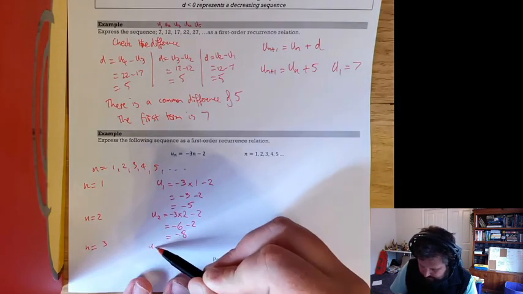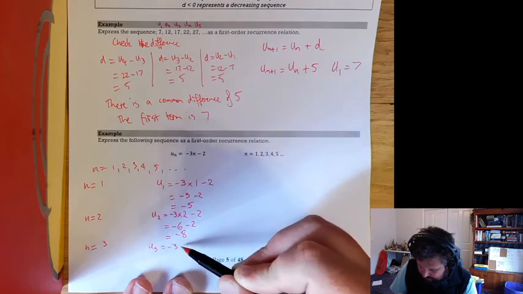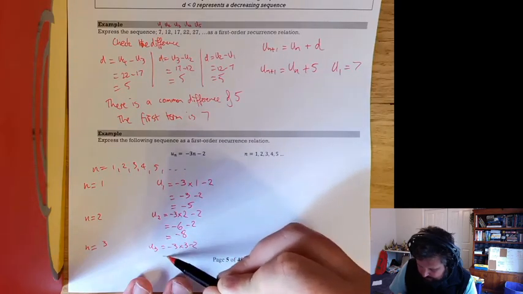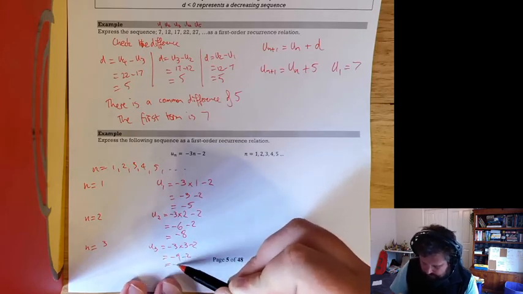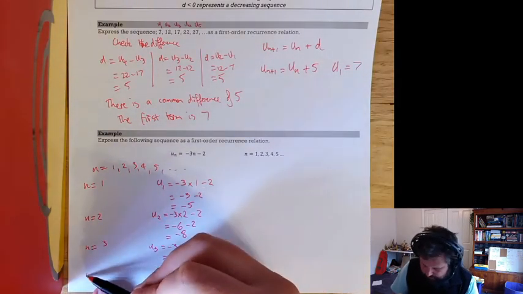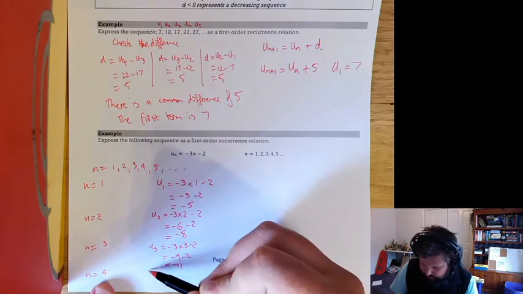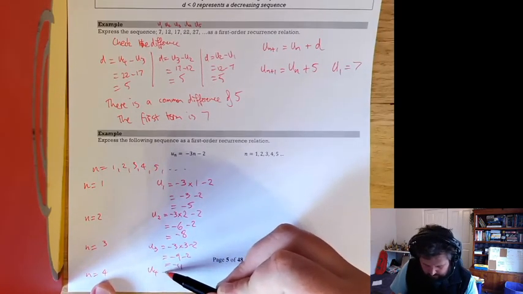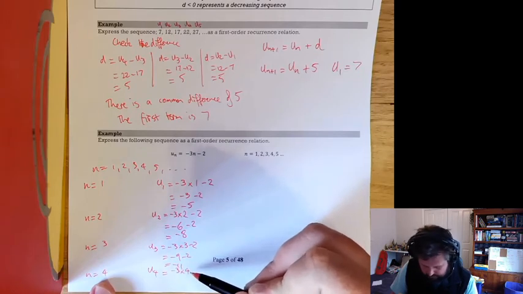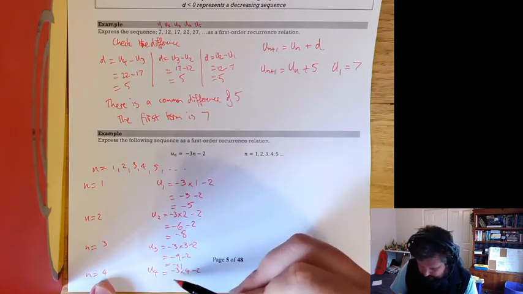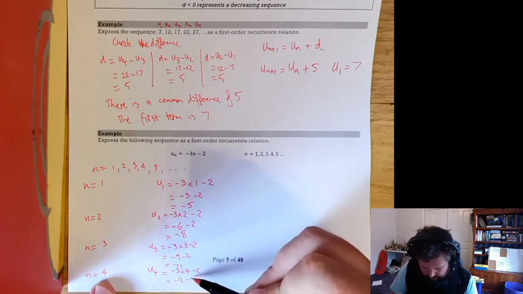U3, got that there. I'll do one more. That'll give us enough information. -3 times 4, take away 2. Oops, that's a 2.